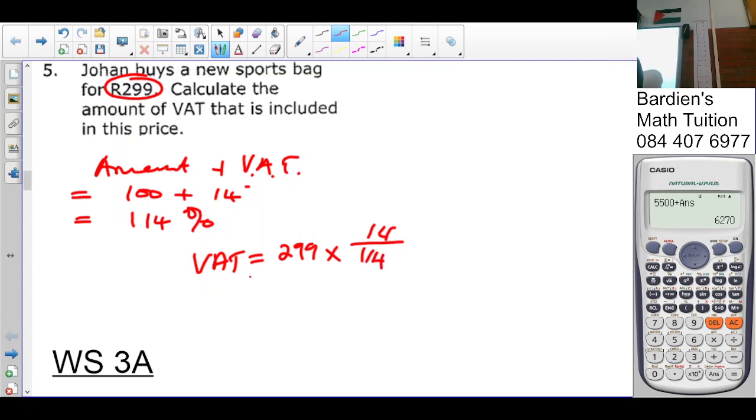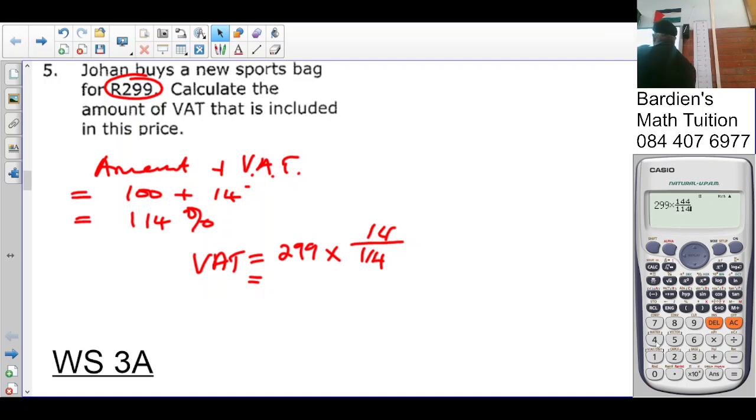It's 299 Rand multiplied by 14 over 114. That gives you 36 Rand and 72 cents.